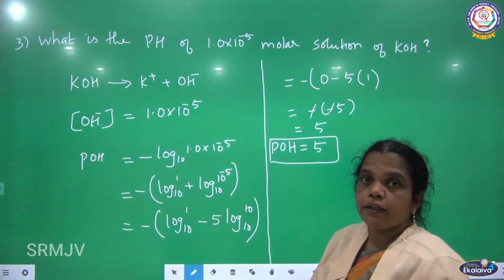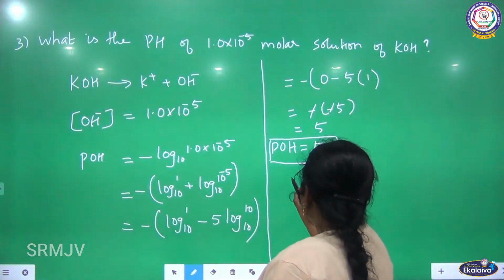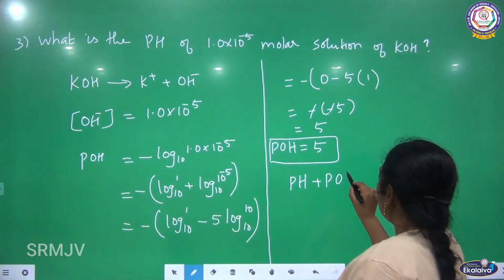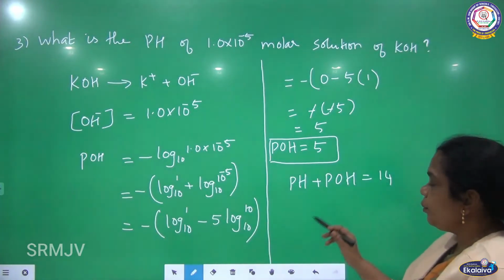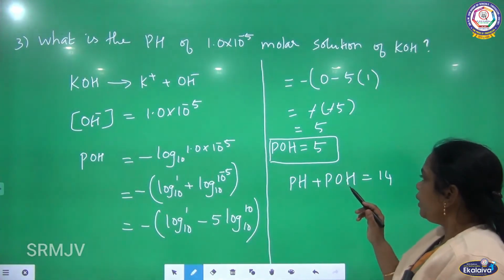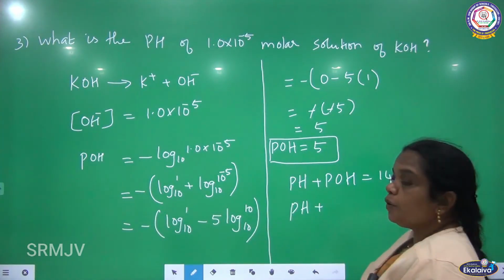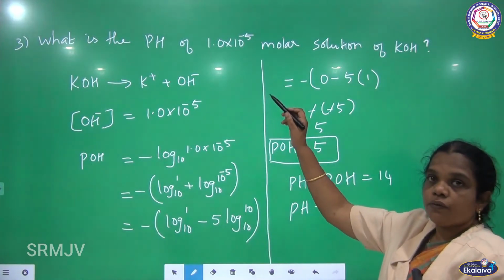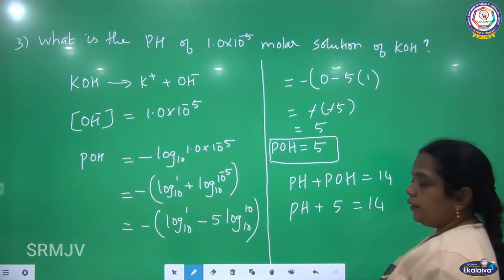Now you want to calculate the pH value. There is a relation between the pH and pOH: pH plus pOH equal to 14. Now we want to find the pH value. So pH plus the pOH we found for the given concentration of the base, 5, equal to 14.